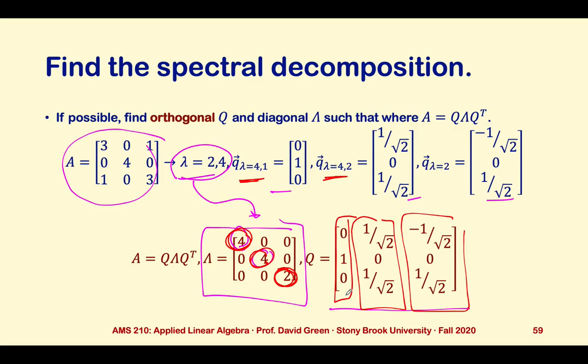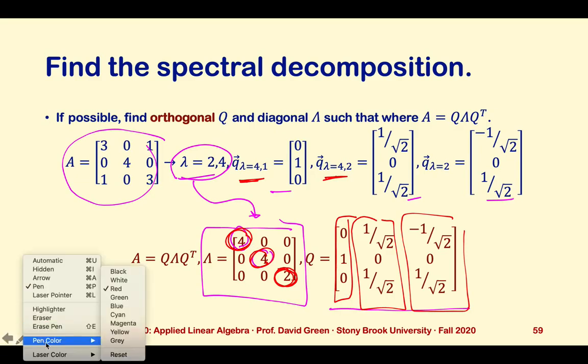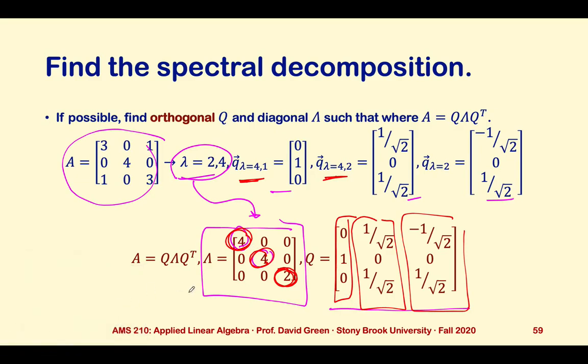I should note that this is not the only way we could write this. Given this ordering of our lambda, we could have exchanged these two columns, and that would have been perfectly valid. We have two different eigenvectors for lambda equals 4.